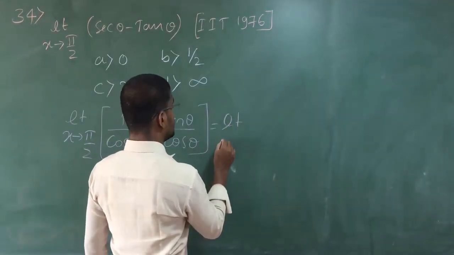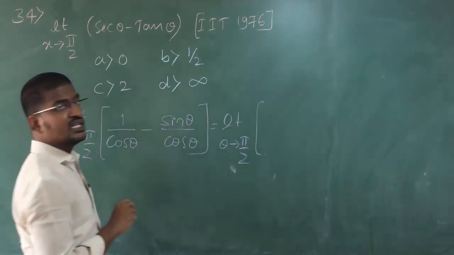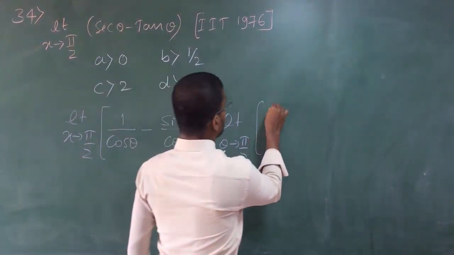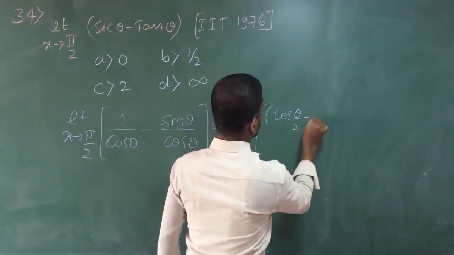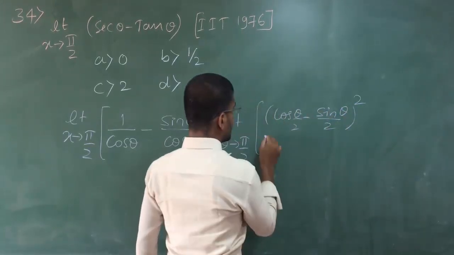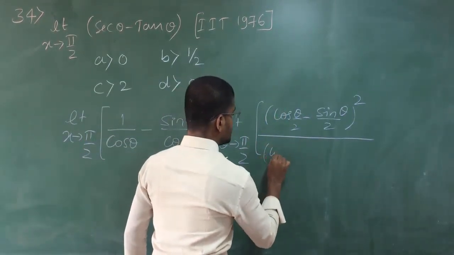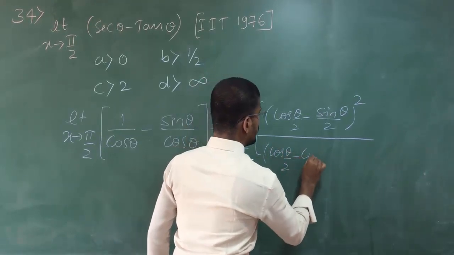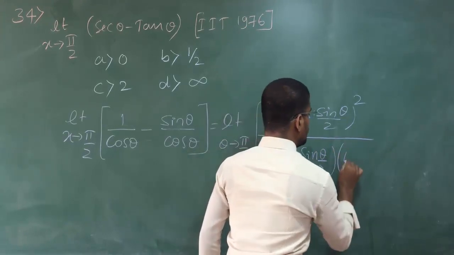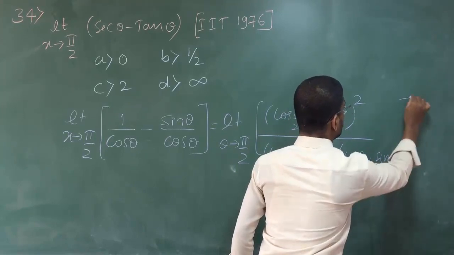That is limit theta tending to pi by 2. 1 minus sin theta can be written as (cos theta by 2 minus sin theta by 2) whole square, divided by cos square theta, which can be written as (cos theta by 2 minus sin theta by 2) into (cos theta by 2 plus sin theta by 2).